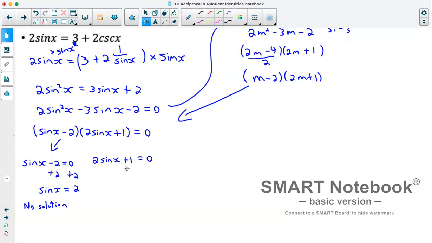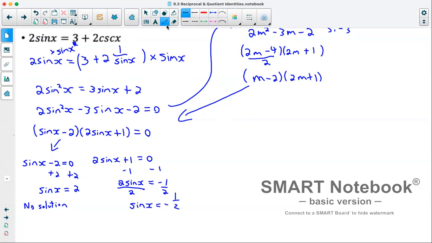So now we'll look at this side. So we'll move 1 to the other side. So we've got 2 sine x equals -1. We've got this 2 to move over, so we divide by 2. So we've got sine x equals -1/2. Now, based off of that, we know that sine is negative down here and down here.